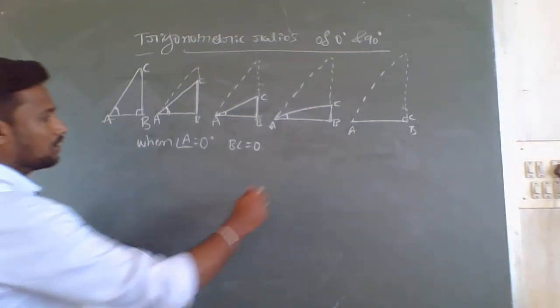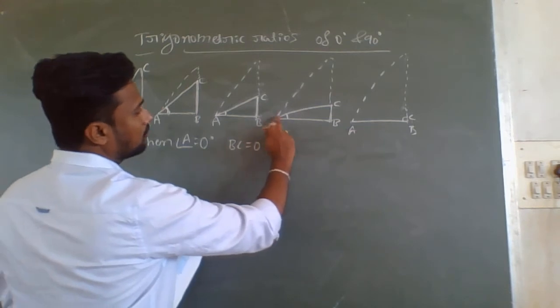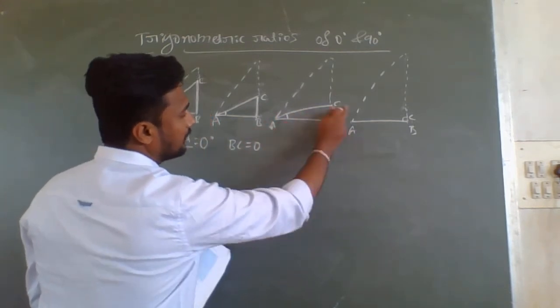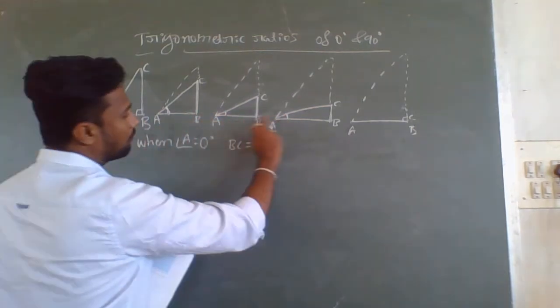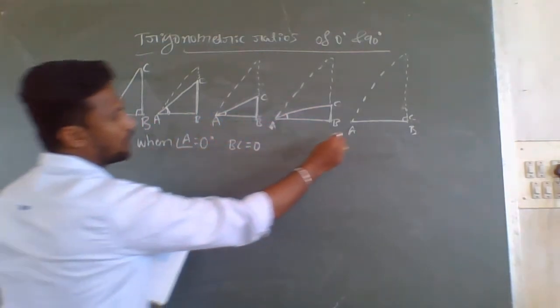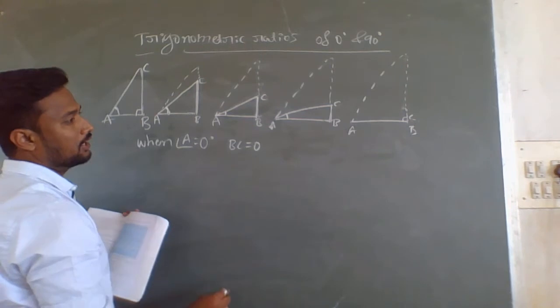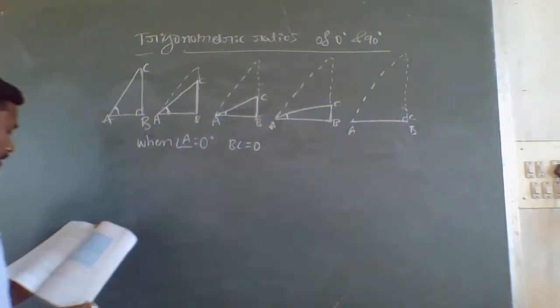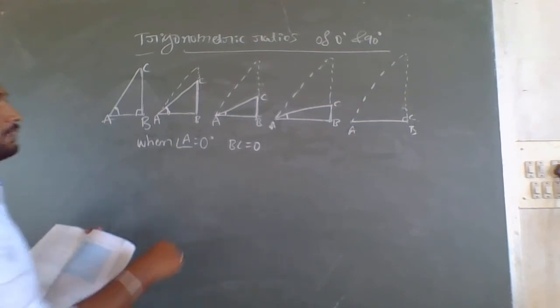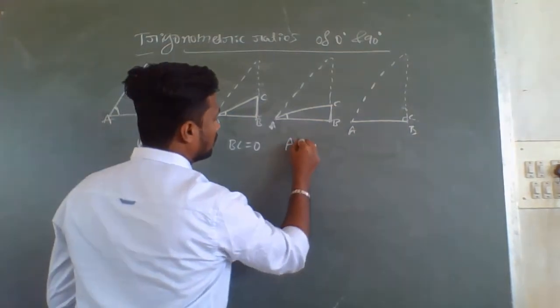And you can see here AC equals AB when angle A is 0 degree. By reducing angle A, when angle A becomes 0 degree here, this AC becomes equal to AB, or you can write AB equals AC also.